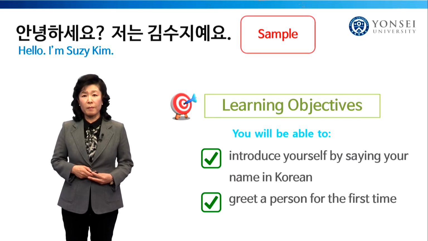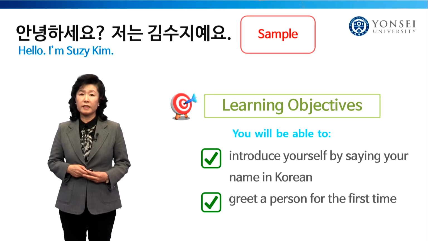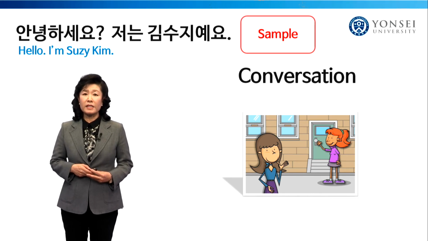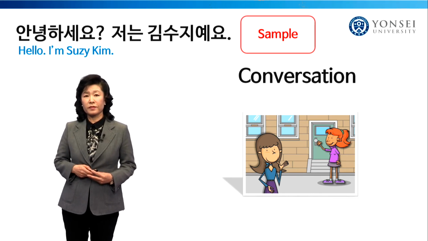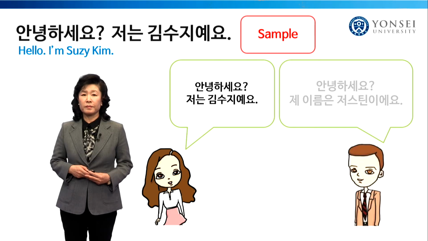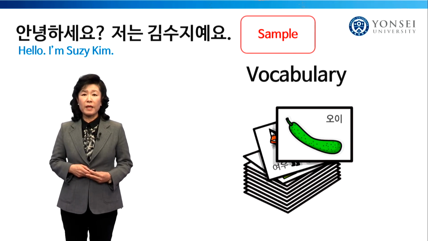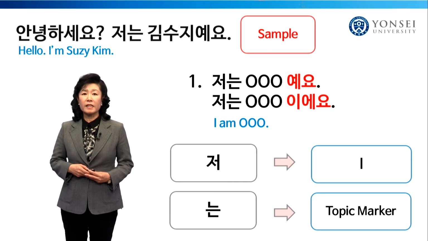Let me explain the composition of the units. We provide the learning objectives of the unit and listen to a conversation. After listening to the conversation, we repeat what was said. We then practice pronunciations of keywords in the conversation. We will explain the words and sentence structures in the conversation.